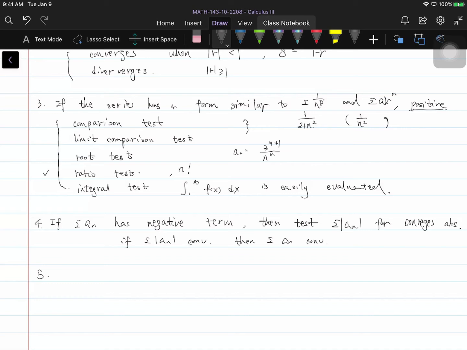Number 5, if you can see at a glance that the limit of a_n is not 0, then we use the nth term divergence test.